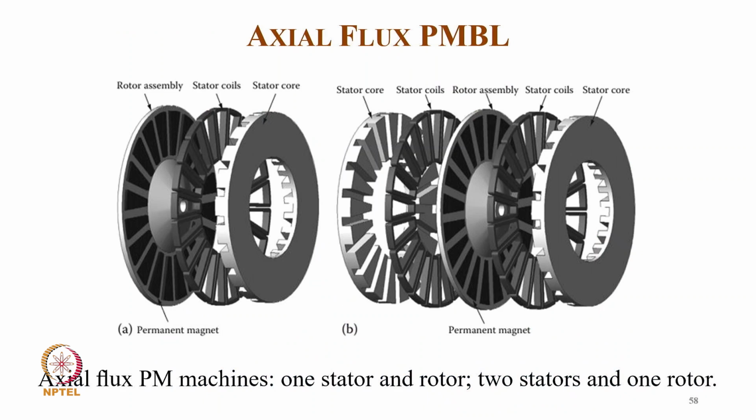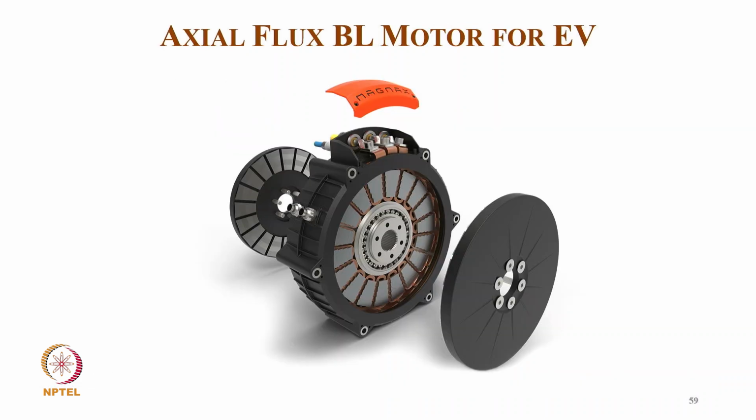And these are axial field machines. Typically you can see here the rotor with magnets and the stator, and then we have a rotor assembly as a disc and stator on both sides. And then you have a typical axial flux motor for EV. As you can see how compact this axial field motor is. Very small axial length, which suits very well even below the body, and then you can put it directly on the shaft also.